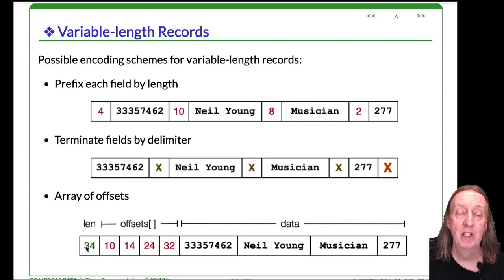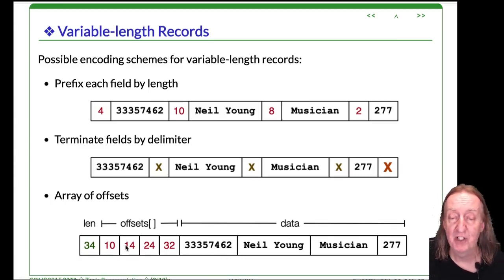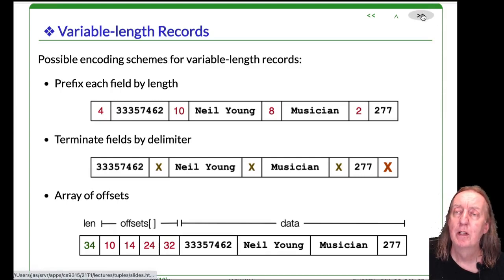We've got 5 things there, 5 times 2 bytes is 10 bytes. So that's the starting position for that field. The next field starts at byte 14, so we can work out from that this field is length 4, or possibly we can actually store the length here as well if we really wanted to. So given this information here, we can extract the individual components. All right.